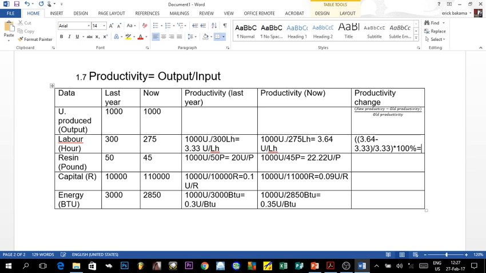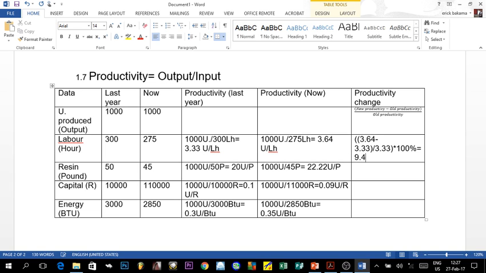So it's 3.64 minus 3.33, and then we divide by 3.33. And then the value that we get is 0.093. Then we need to multiply it by 100. So that means that the productivity in this case has increased by 9.31%. This is the productivity that involves only the labor hour.